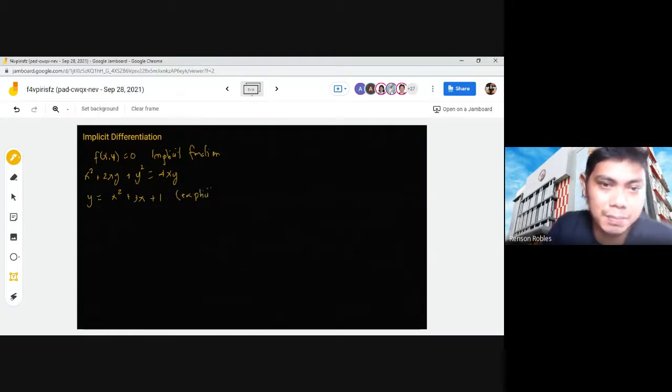You can simply get the derivative of this by directly using the formula, by explicit differentiation. So that's 2x plus 3.